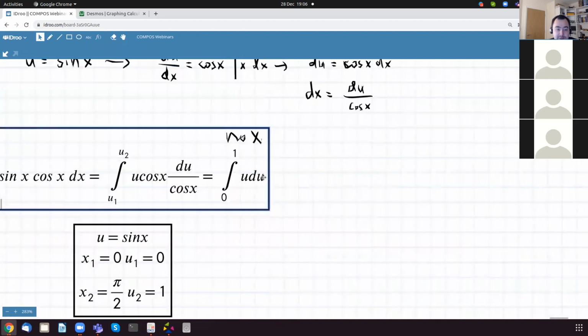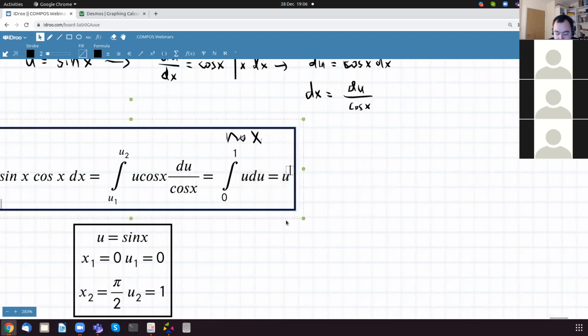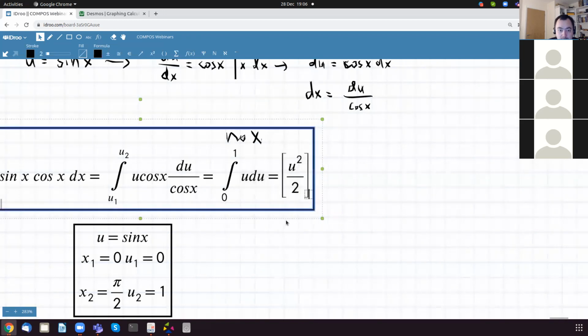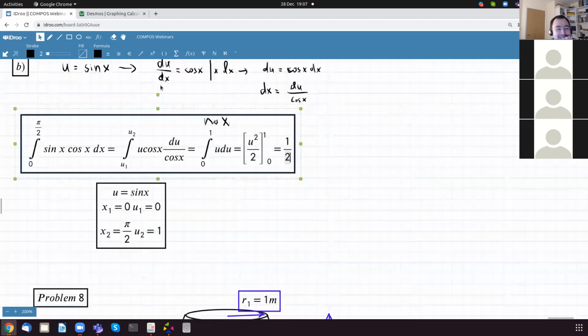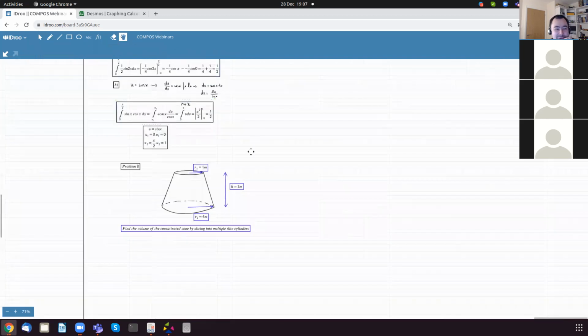And all we need to do is integrate that. Well, it's going to be u squared over 2 between limits 0 and 1. And that is equal to 1/2. Okay. Long and winding road to 1/2.